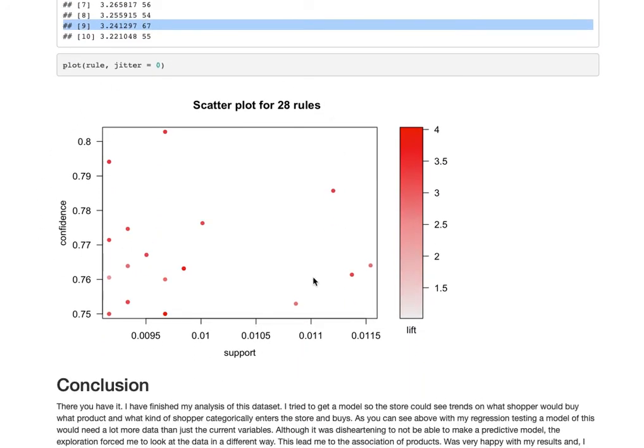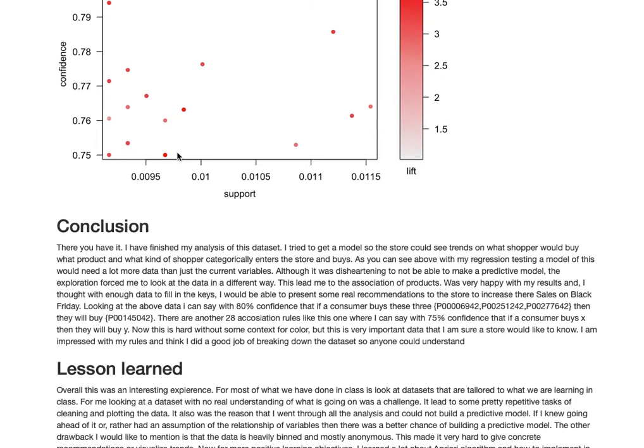So I created this scatter plot that shows a little bit about my confidence for certain points for these certain association rules. And this is what I eventually would hand to the store as my conclusion and as my suggestion for them to increase sales.